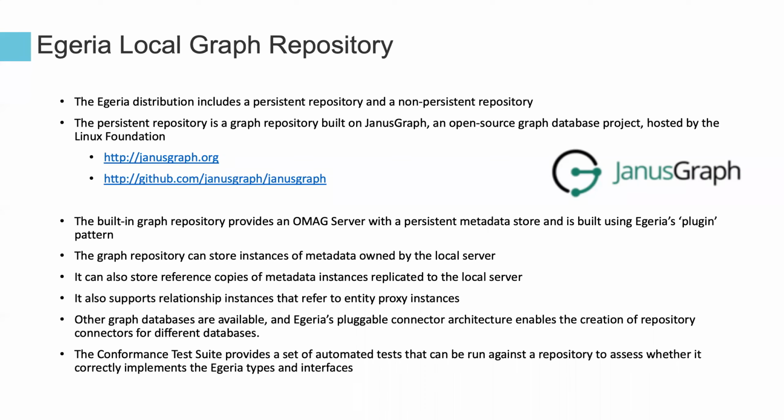When we were talking about the metadata collection interface just now, I should have mentioned that some of the operations are mandatory and some are optional. So you don't have to support all of the operations in order to be conformant with the Egeria interface. But obviously, the more of the optional ones that you can support, the better, because we can provide more function to the users. So there is this automated test suite to enable us to test repository connectors.